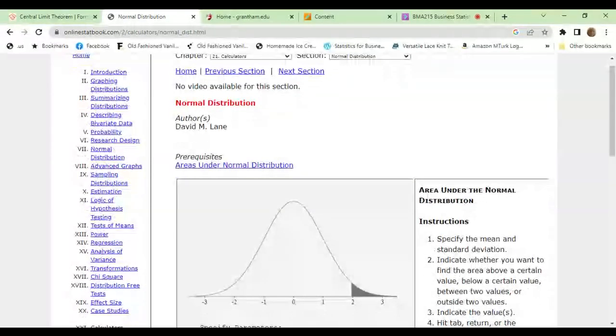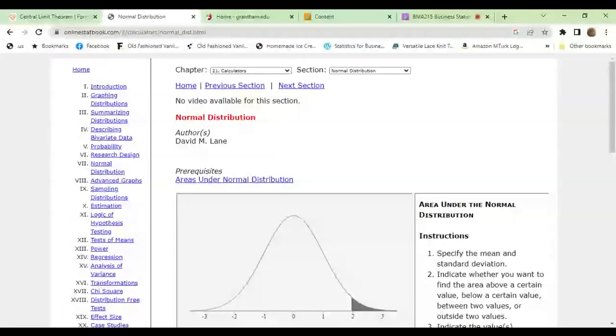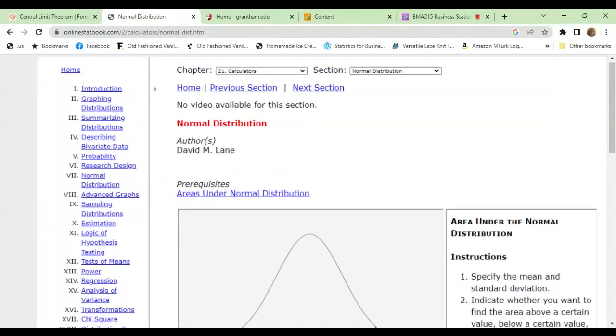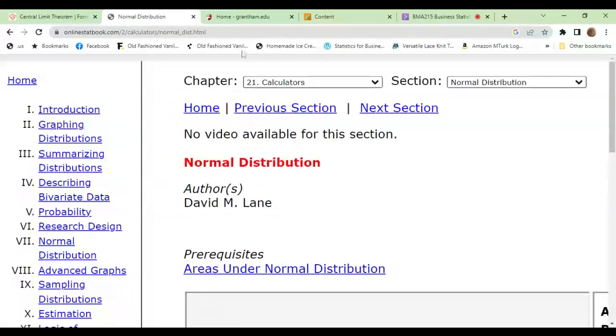So I'm going to go to this calculator here, and it's from the online stat book. So if you just search for online normal calculator or onlinestatbook.com, if you look up here, you can see the address, right?